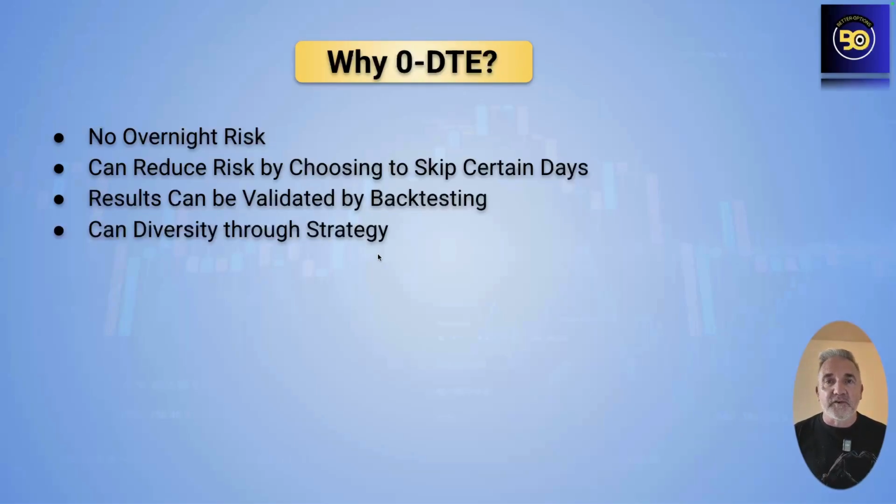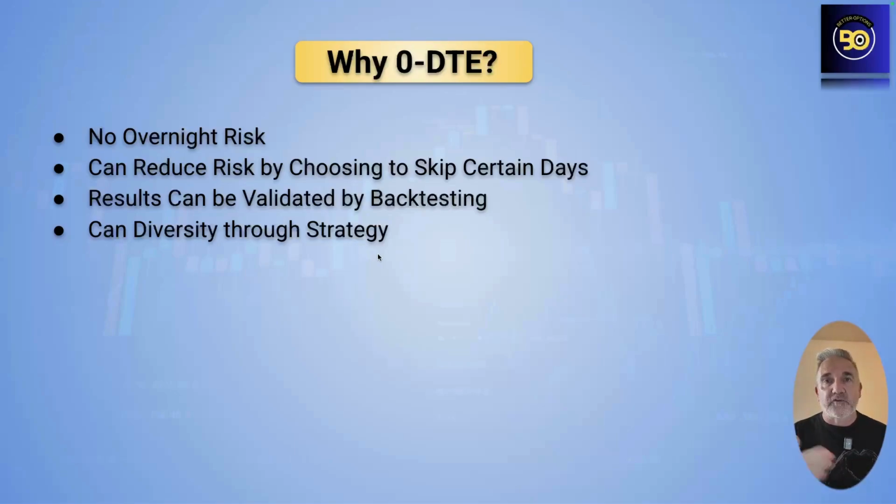And then you can also diversify through strategy. Just as there are many different longer term option strategies, whether you're doing 7 days to expiration, 30 days to expiration, or 45 days or 60 days to expiration, you have many different strategies that you can employ with those types of time frames. With zero DTE, it's very similar.